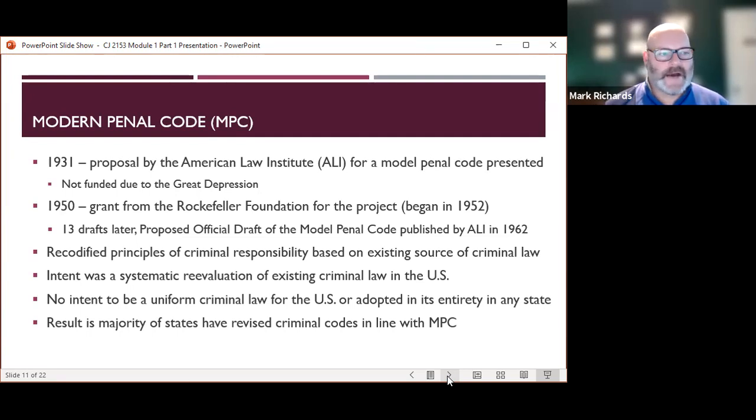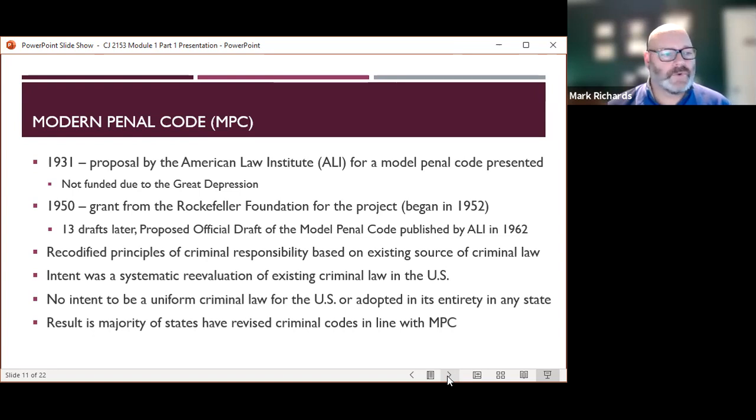But at the time, the nation was going through the Great Depression, so there was no funding for instituting the model nationwide. In 1950, a grant from the Rockefeller Foundation for the project was granted, and the project was reignited in 1952. So 13 drafts later, the grant writers and reviewers and lawyers working on the model penal code proposed an official draft, which was published by the ALI in 1962.